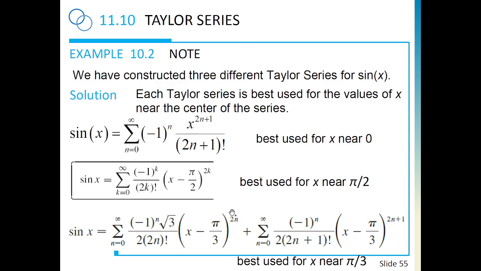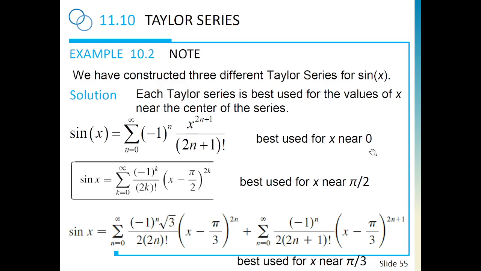and if I choose another center, I'll get another Taylor series for the same function sine x. So as we said, each time I change the center of the series, I get a new Taylor series for the same function. Now why is this useful? Well, we said this Taylor series is useful if we want to approximate sine x for number x close to 0.